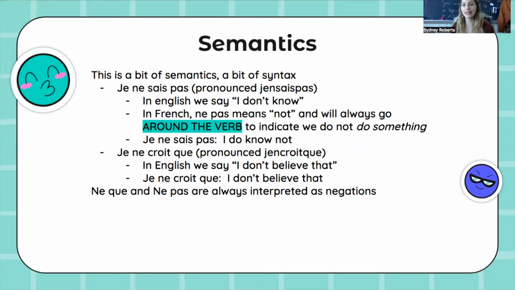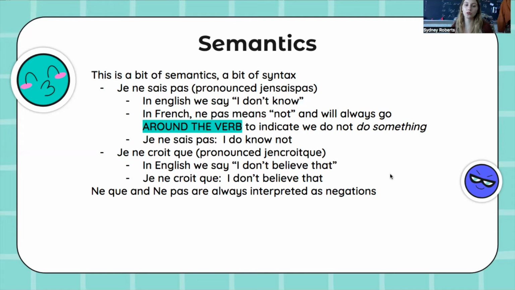So that's how we negate things, with those two words. And it always goes around the verb. So as you can see, ne comes before sais, which is the verb to know. And then pas would be after, indicating you don't know. So it might translate directly to, I do know not, in a more literal sense, as we see right here.